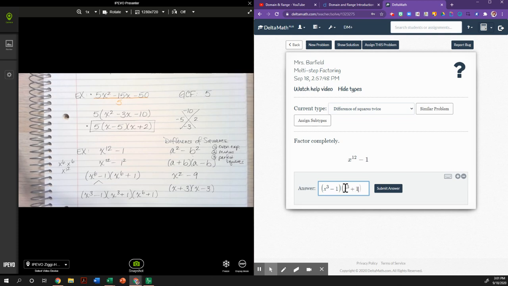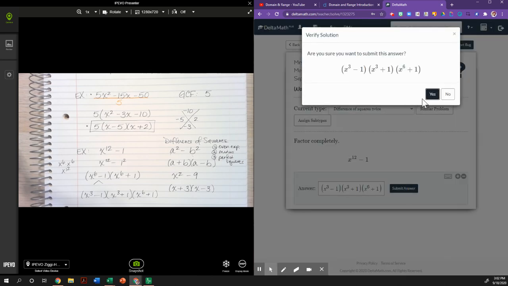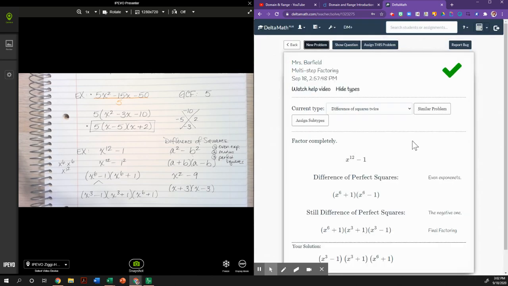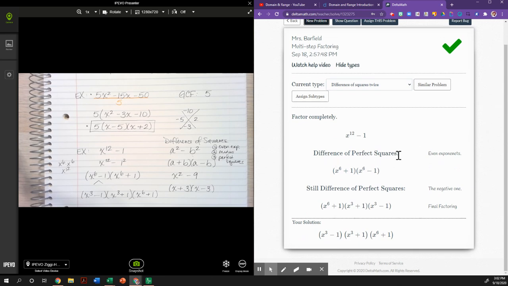Now I'm going to do plus 1. And then parentheses, I got that, x exponent to the 6th plus 1, parentheses. Okay? All right, submit my answer. Yes, and there you go. So see, difference of perfect squares, still difference of perfect squares, and you're good.